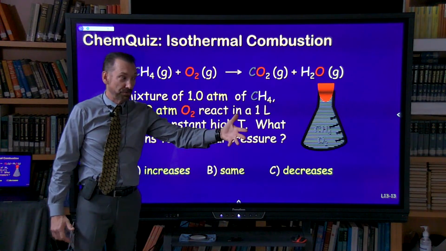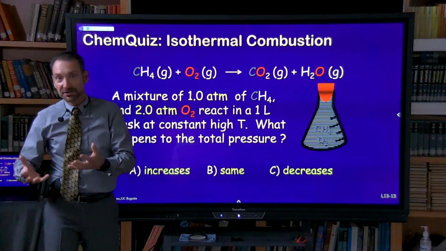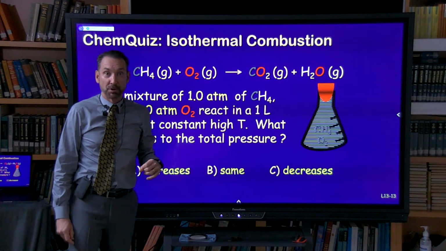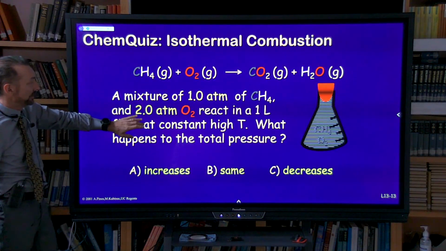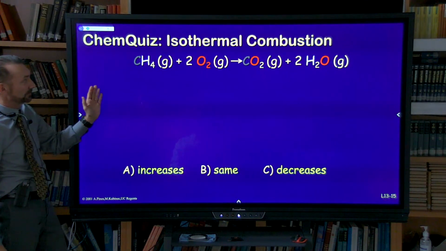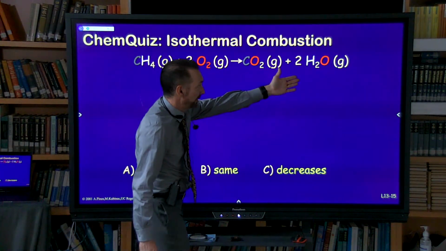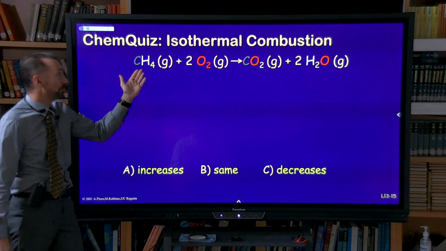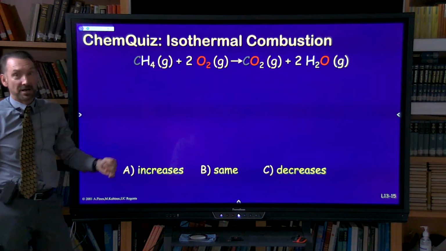So the moles of gases relate to their pressures and their volumes, partial pressures being the most important part of that. So if you look at this equation, you have to balance it. And after you balance it, you see that the ratio in moles is 2 to 1 methane to oxygen.